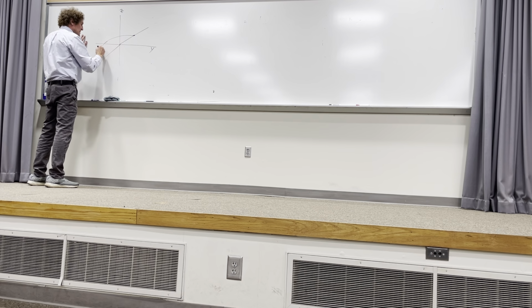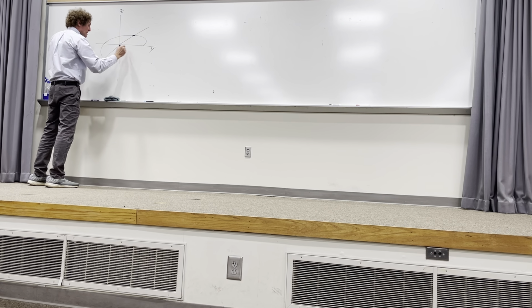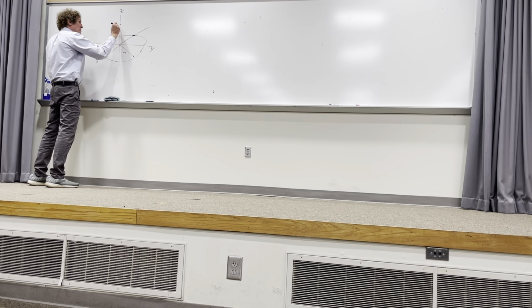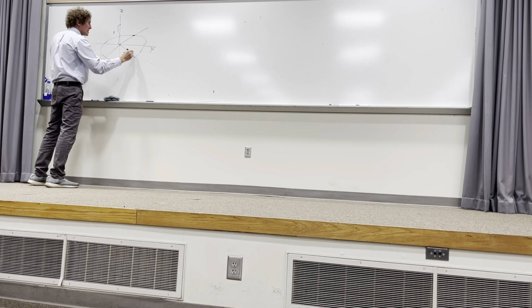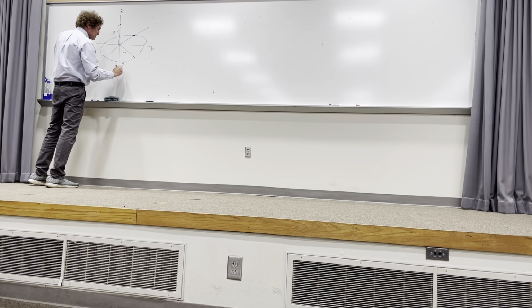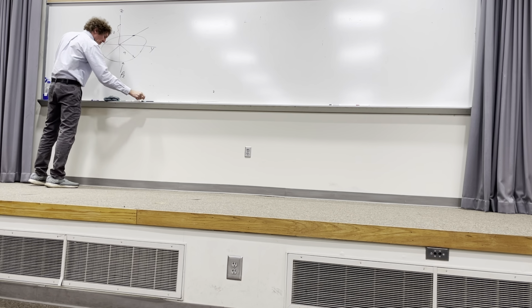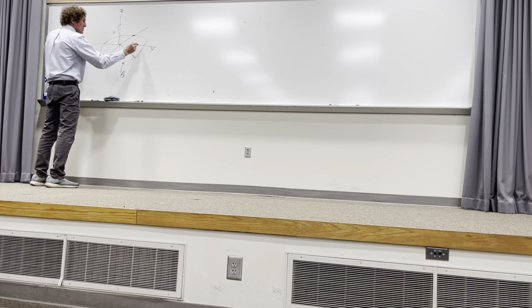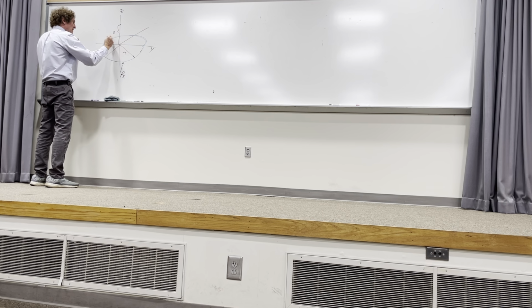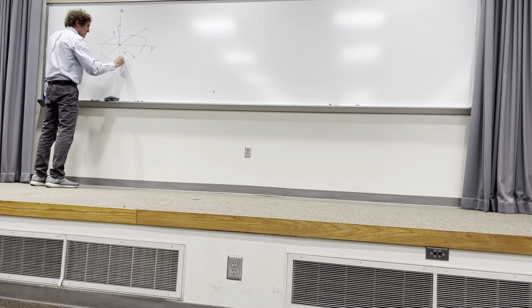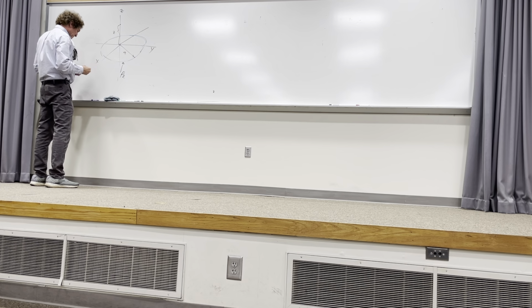They have something like this, right? This loop has a radius of A, and you want the electric field at a distance Z above it. The loop has a charge density rho L on it. So this is just a ring of charge that doesn't vary in magnitude.